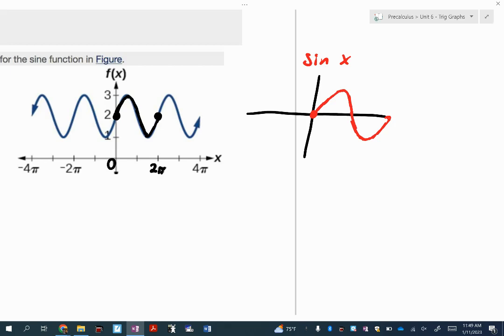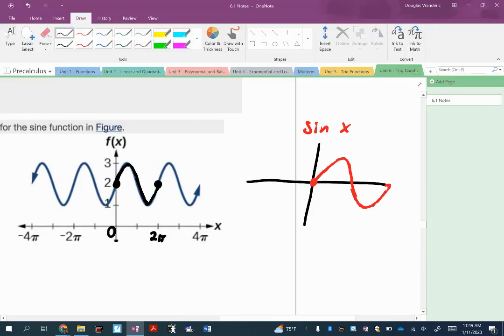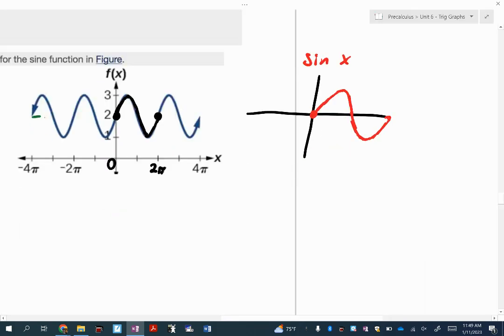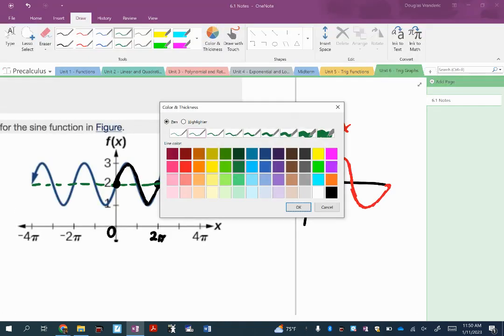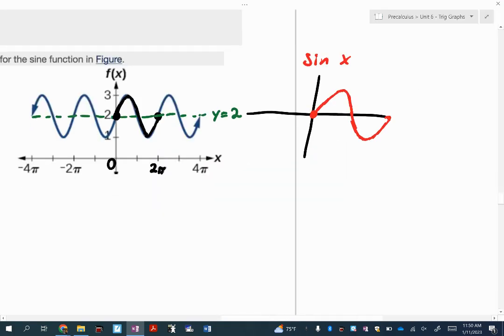All right, in terms of my amplitude, my midline looks like the middle of the wave is this line here, which is y equals 2. And so that means I do have a vertical shift of 2 units up. But in terms of counting, if I count how far up and down from there, I'm counting 1 unit up, 1 unit down. So my amplitude is just 1.